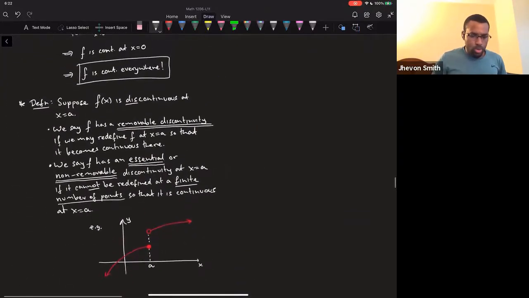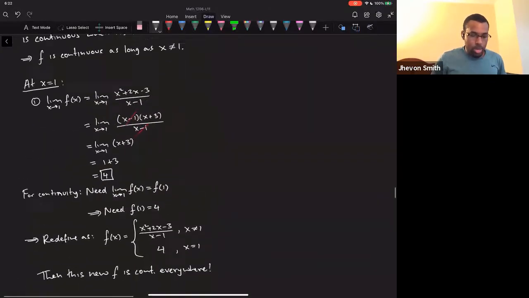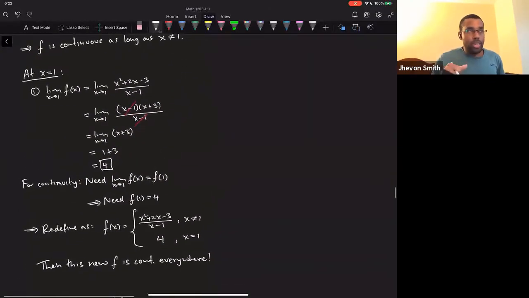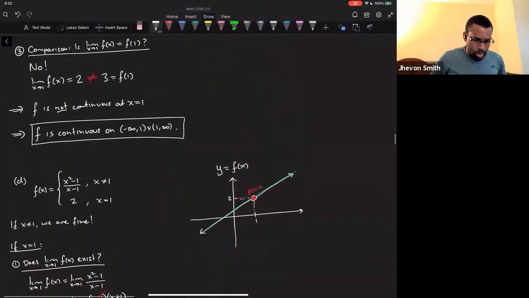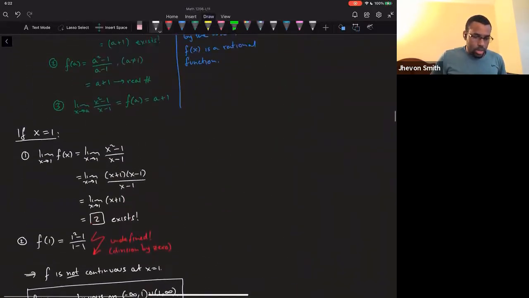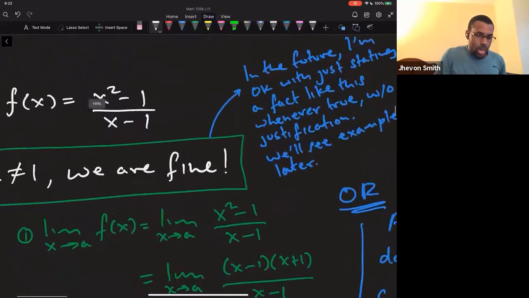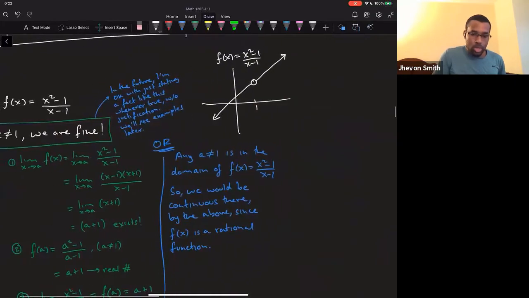Then we spoke about removable and non-removable discontinuities. Pretty much if we can have a discontinuity where we can fix it by filling in some points, like we did, that's exactly what we did in this example up here. So this function was not continuous at x equals 1 because there was a hole.